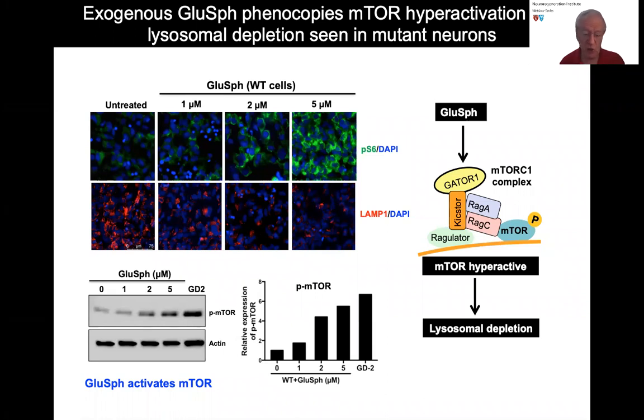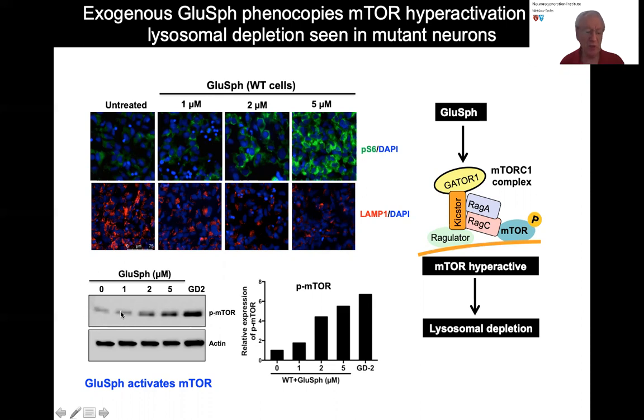Now, we are not sure that when we treat cells with glucosylsphingosine, it will go to the same compartment inside the cells as the endogenous glucosylsphingosine, but we have to start somewhere. So what we did is we used increasing concentrations of glucosylsphingosine, and they do activate mTOR in a dose-dependent manner, as shown by the increase in this green fluorescence. And again, the opposite is true. One goes up, the other, LAMP1, goes down.